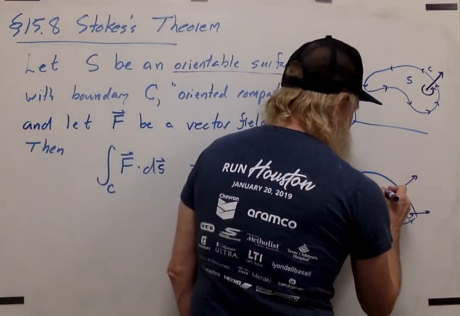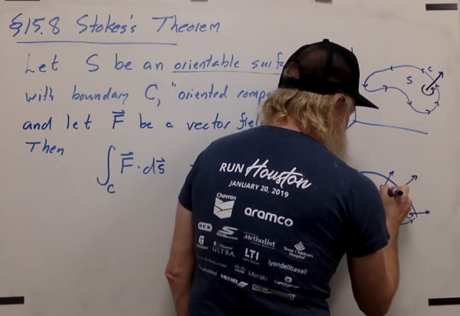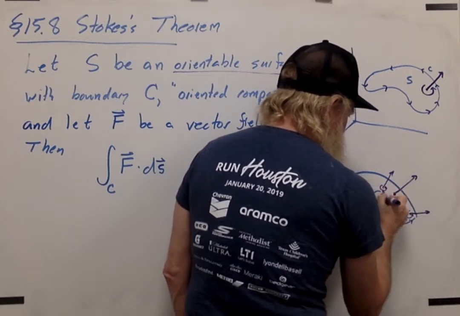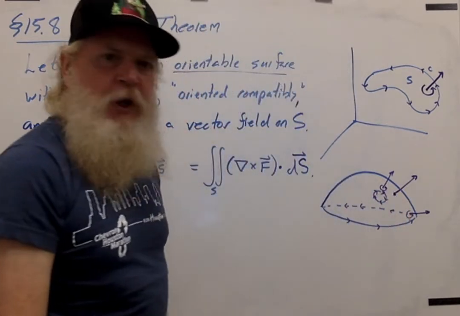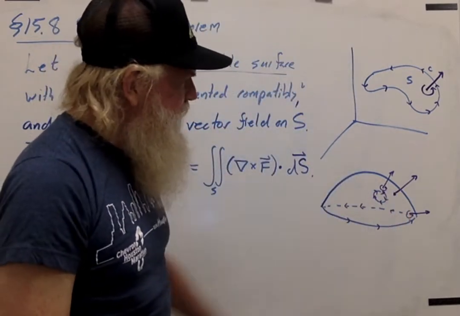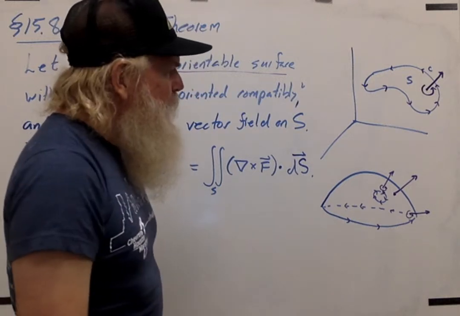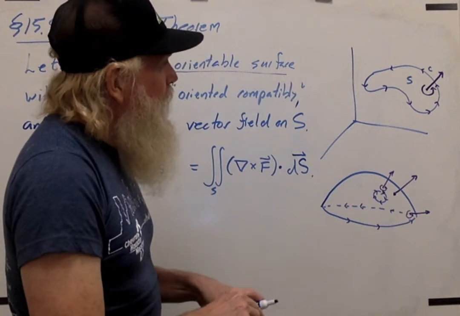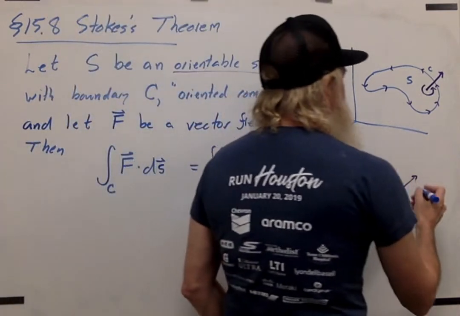Whereas up here, if I want to go counterclockwise around this normal vector, notice that that would give it an orientation that appears clockwise from our perspective. Now there's another way to characterize the way that you orient the boundary curves that might be a little bit more intuitive to you.